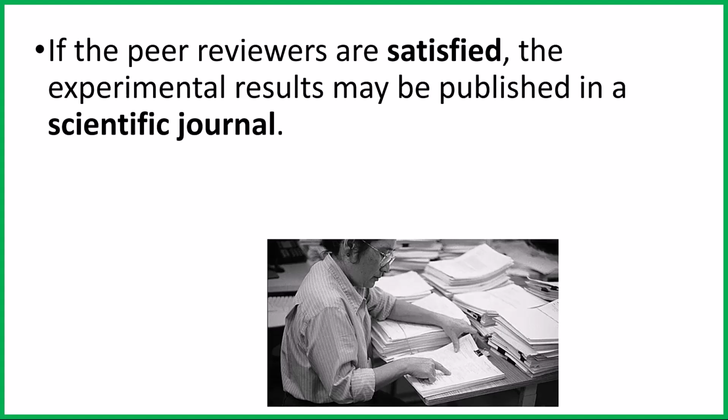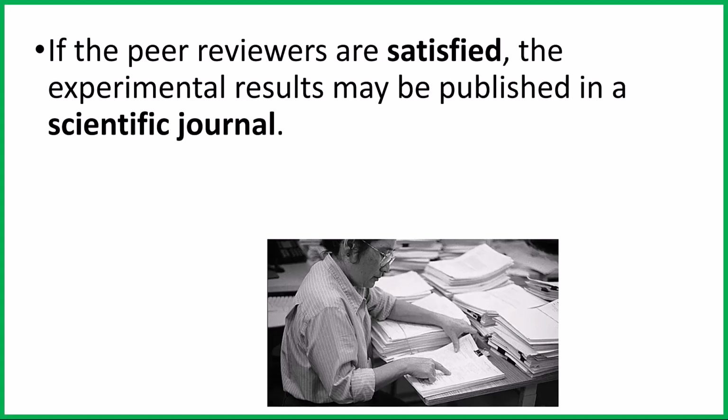So I think it's important to remember here that scientists that are running a peer review usually have very advanced degrees, and so they are well qualified to analyze the results of an experiment and see if there's any flaws in the process.